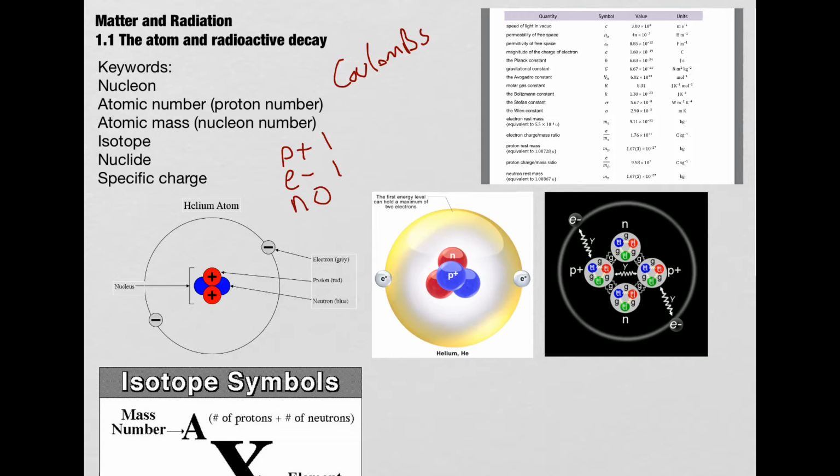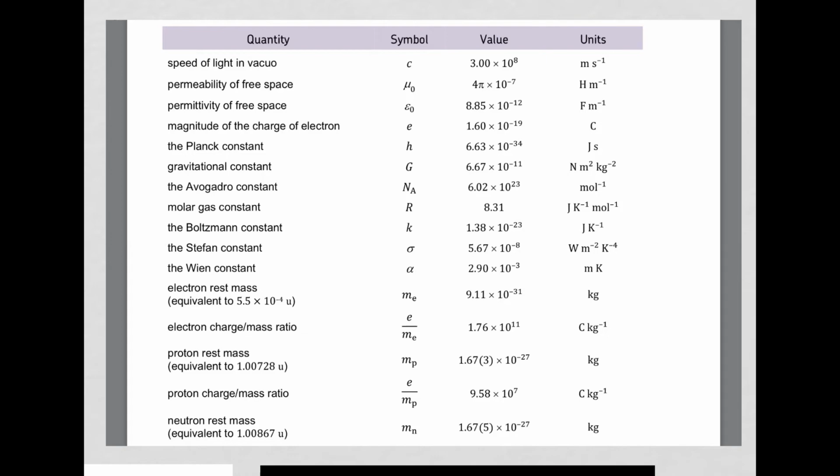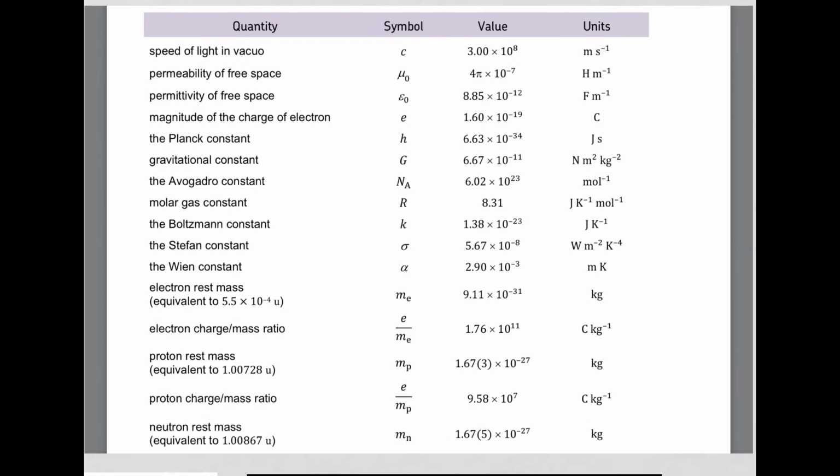So when we talk about that +1 and the -1, we're actually talking about multiples of something specific, because the real number for the charge on the electron is, if we zoom into a section I've taken from the sheet that you get in the exams, the magnitude of the charge of an electron, which is given the symbol little e, and it's 1.6 times 10 to the minus 19 coulombs, a number that you'll end up being very familiar with.